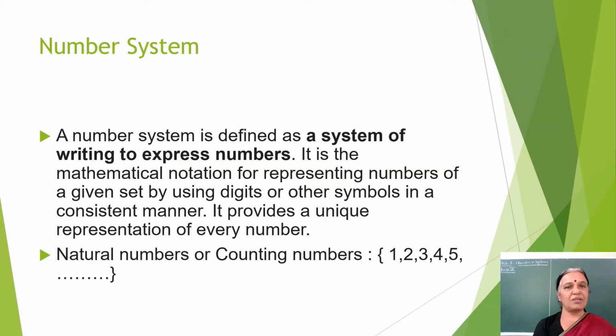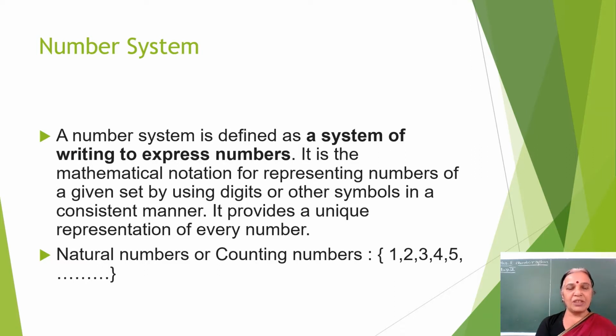A number system is defined as a system of writing to express numbers. It is the mathematical notation for representing the numbers of a given set by using digits or other symbols in a consistent manner. It provides a unique representation of every number.